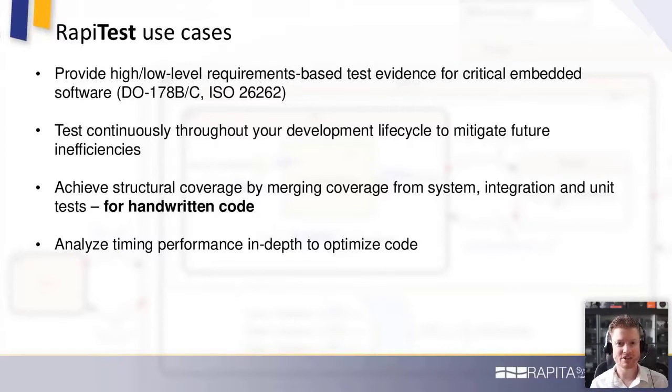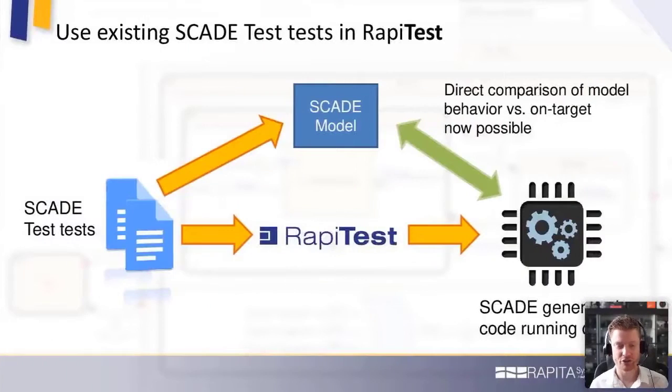What we've developed in coordination with Ansys is a way to run exactly the same tests on the model as well as on the target hardware. So we're not just running the same type of test, we're literally using the same test files, and we are able to convert these on the fly. So you don't have to change the format.